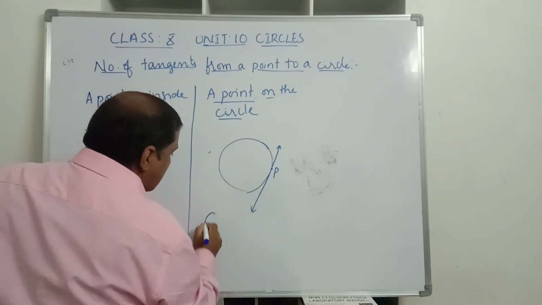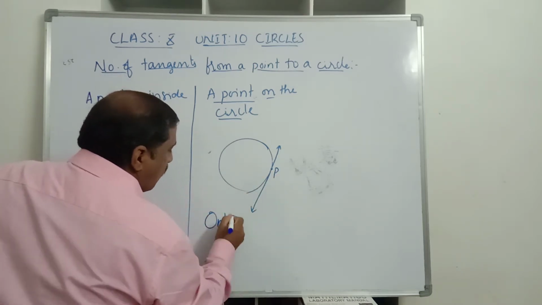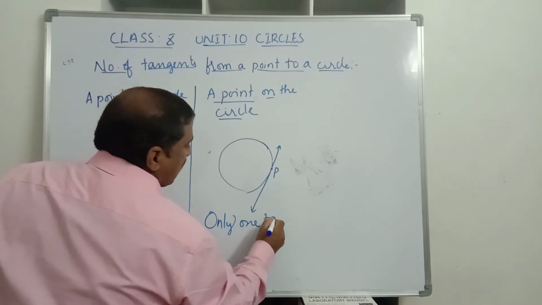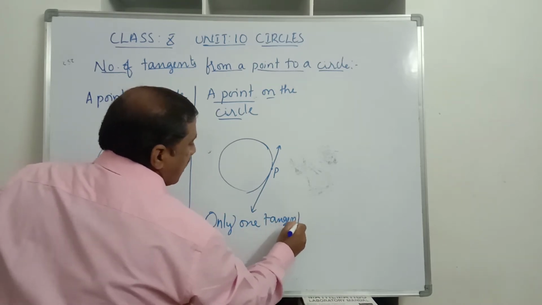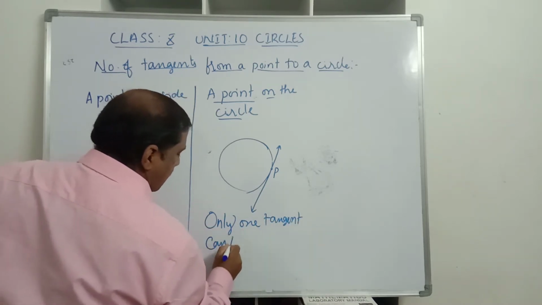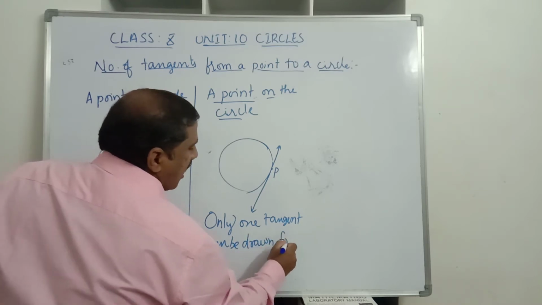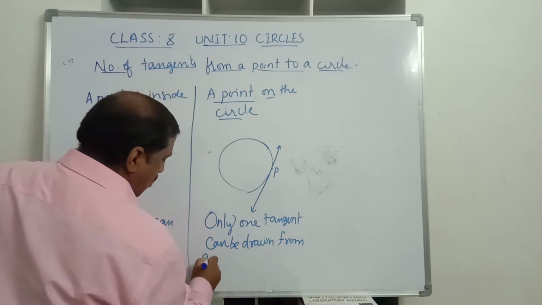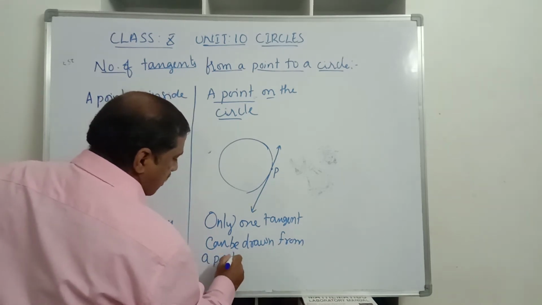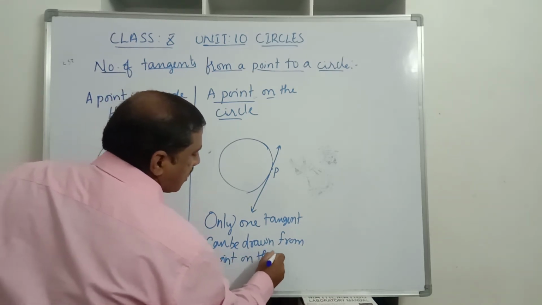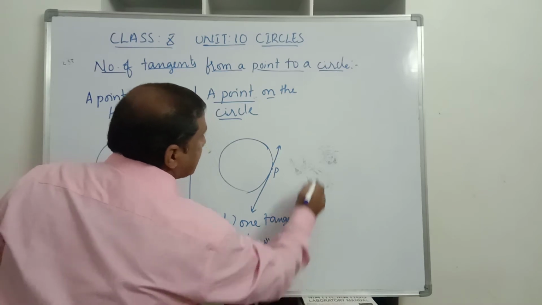Only one tangent can be drawn from a point on the circle.